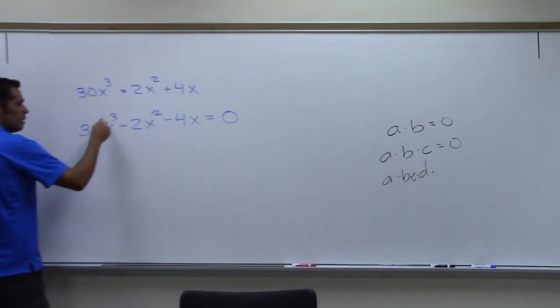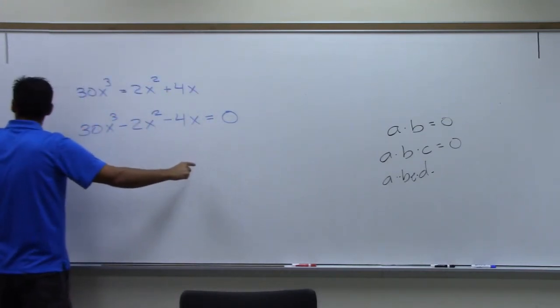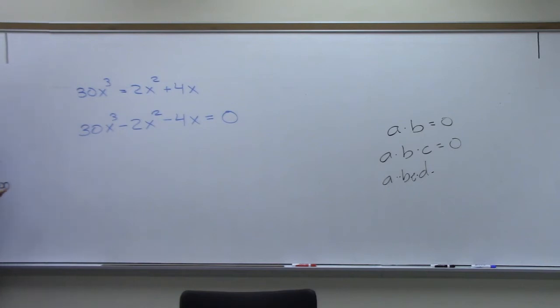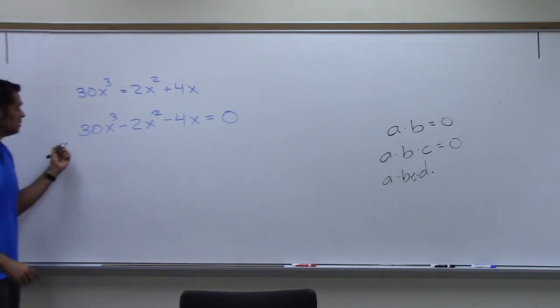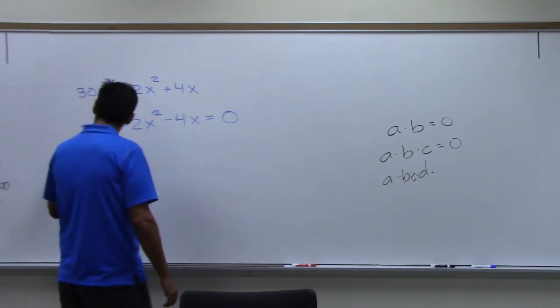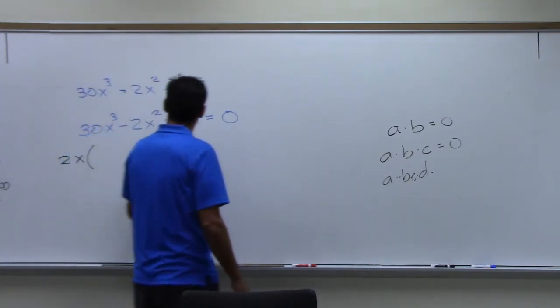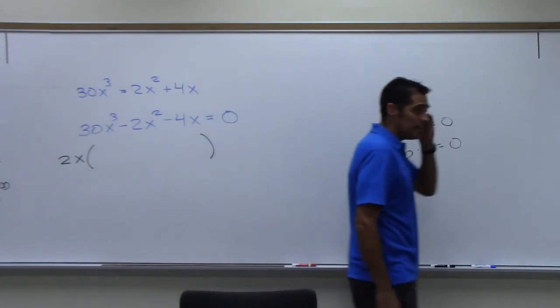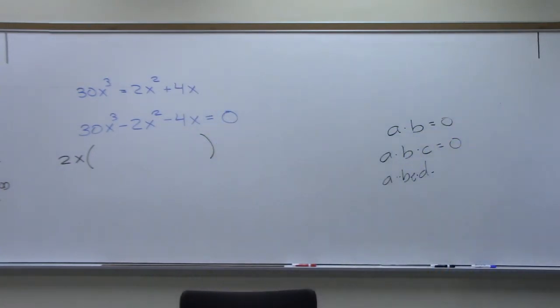So when we look at this trinomial, we look at the GCF first to try and factor, right? And I believe we have a GCF here. What is it? 2x. We can actually pull 2x out, can't we? So 2x comes out. How many terms will we have in there? 3 terms.